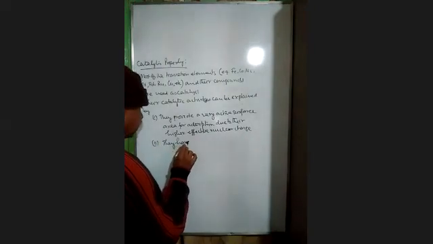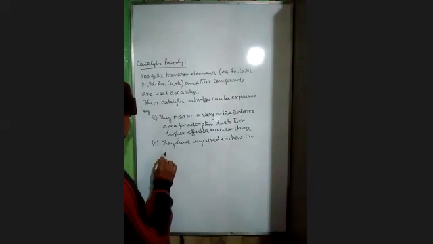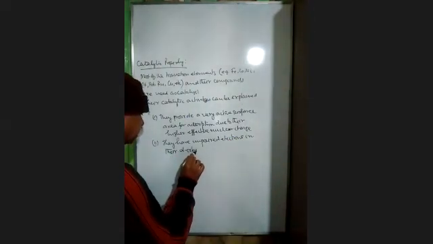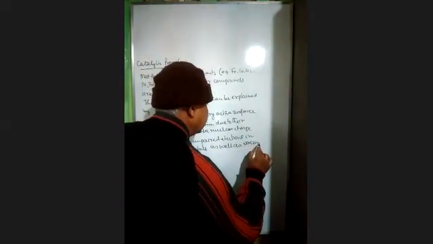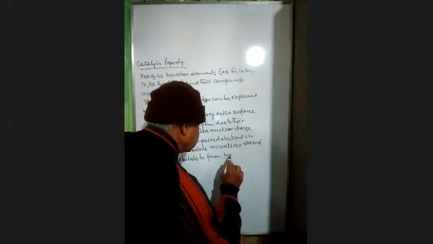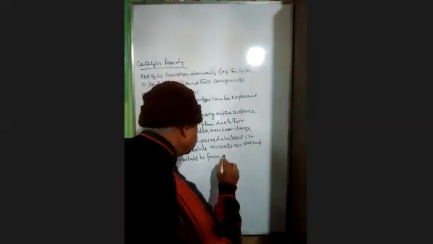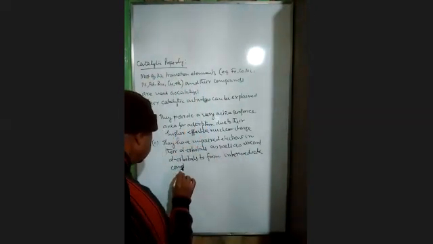Second, they have unpaired electrons in their d orbitals as well as vacant d orbitals to form transition intermediate complexes.